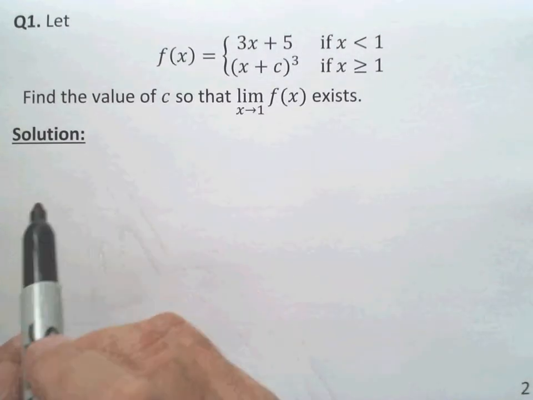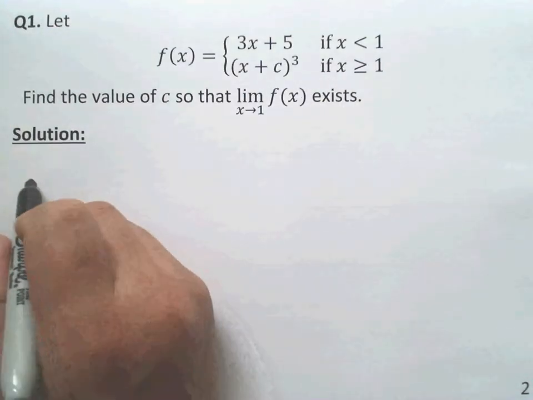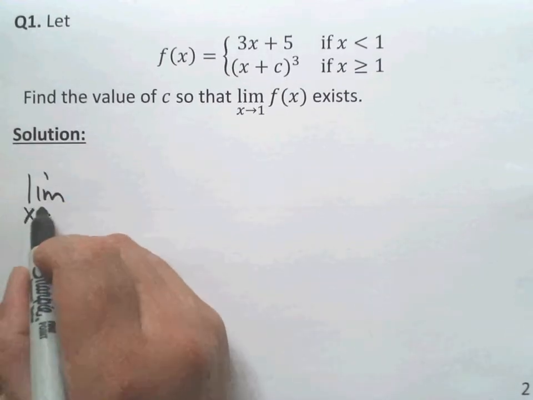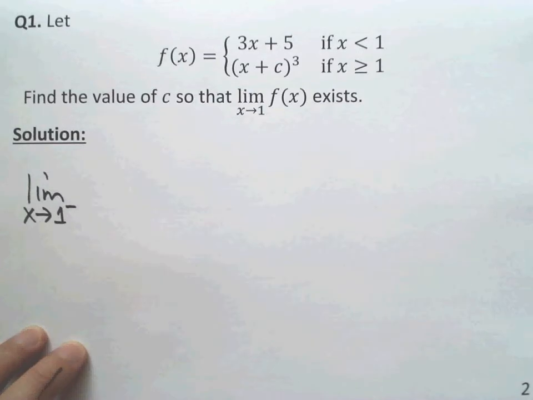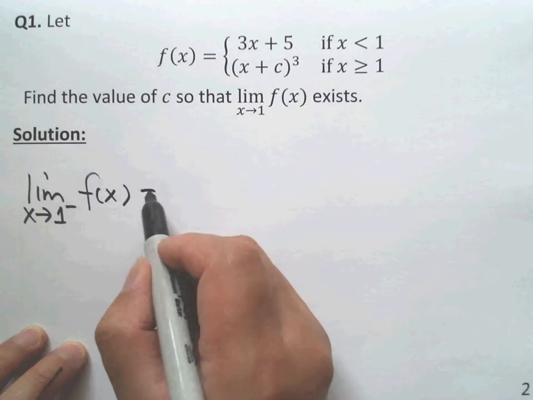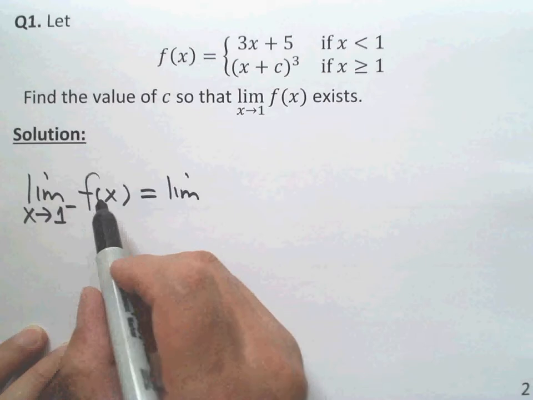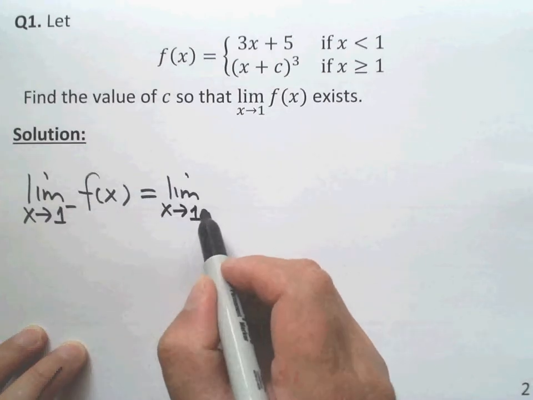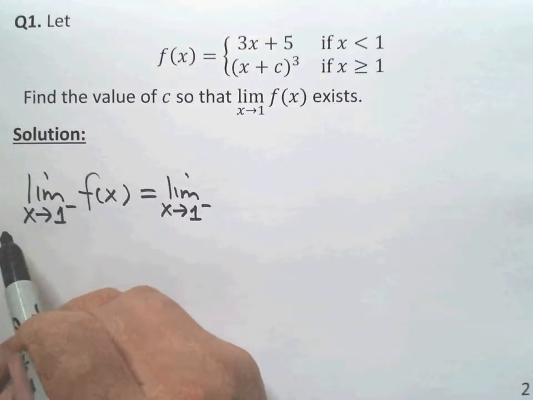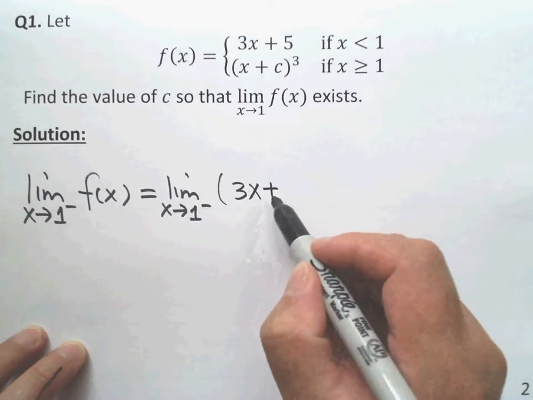First, the left-handed limit: the limit as x approaches 1 from the left side of f(x). Which function do we use? Approaching 1 from the left side means x is less than 1, so we use the first one, 3x plus 5.